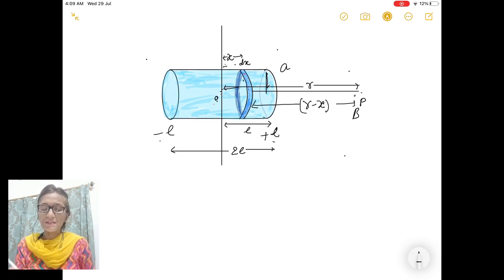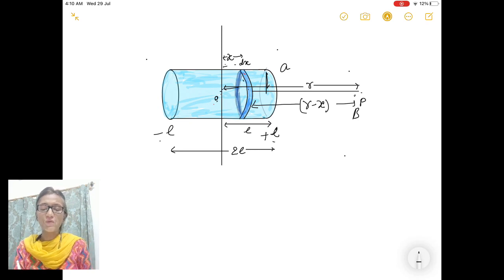Firstly, the scheme is that we will be finding magnetic field due to this small thickness at point P, and then we integrate the magnetic field due to all such small thicknesses in this solenoid. So this is the working scheme.